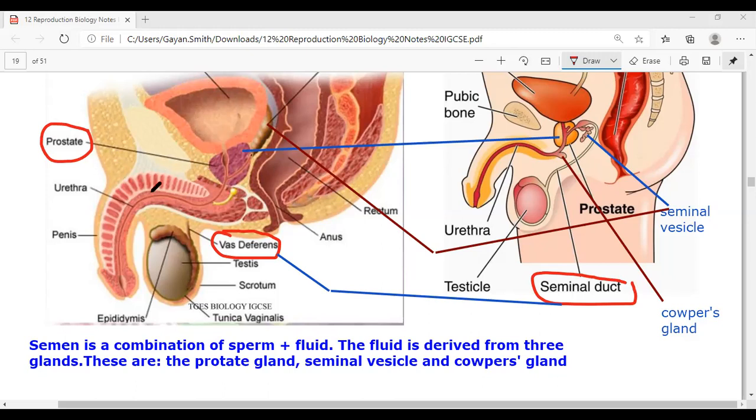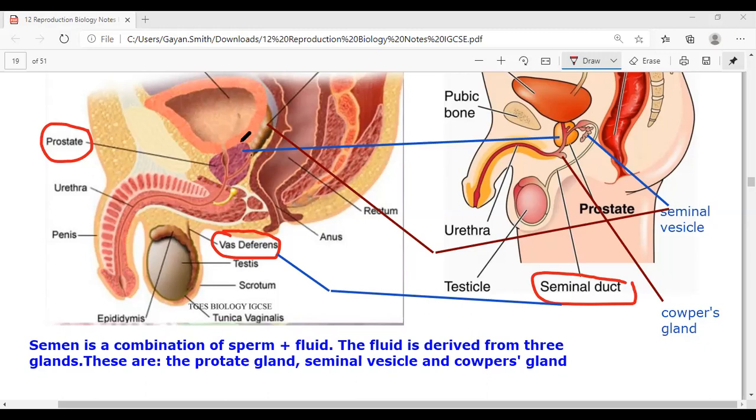This diagram over here shows you that the penis itself is made up of spongy erectile tissue. It doesn't have any bony structure, just spongy erectile tissue that, when the male is aroused, blood causes the penis to become engorged and erect. So it's blood flow that comes here to cause it to become erect.